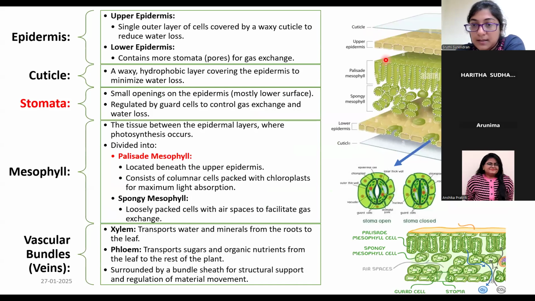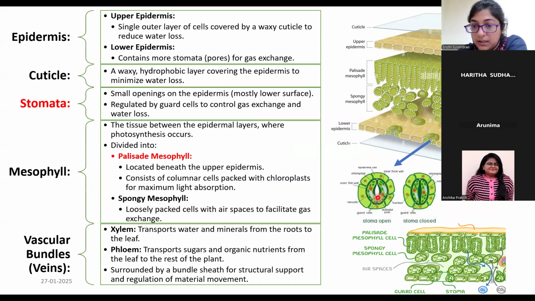So this is again a very good pictorial representation of the leaf structure. You can see the cuticle layer is there. The cuticle layer is a hydrophobic layer that is helping prevent water loss. Then the upper epidermis, which again is helping in reducing water loss. The lower epidermis is the place where you find stomata. Stomata looks like this.